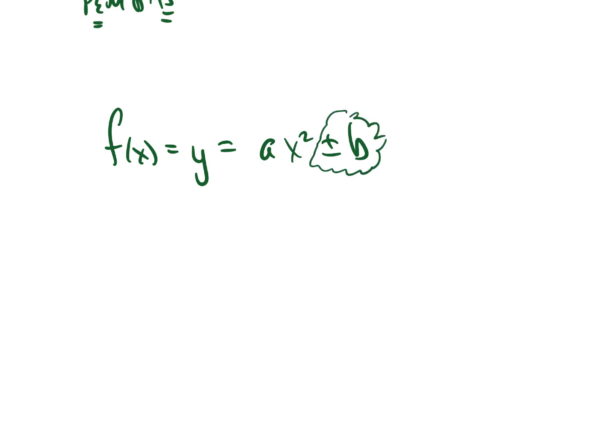So what ends up being true, if we go back to that original that I wrote on the first page, when we have either f of x or y equals ax squared plus or minus b, is that the plus or minus number on the end of all of our equations is going to move the vertex, and remember that's just the starting point for our parabola.